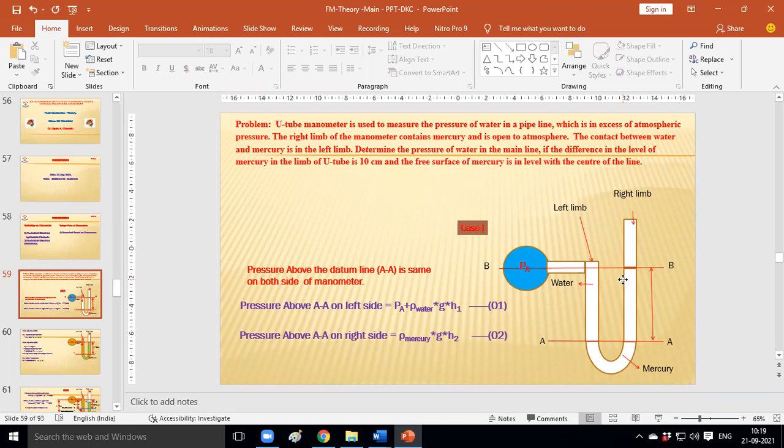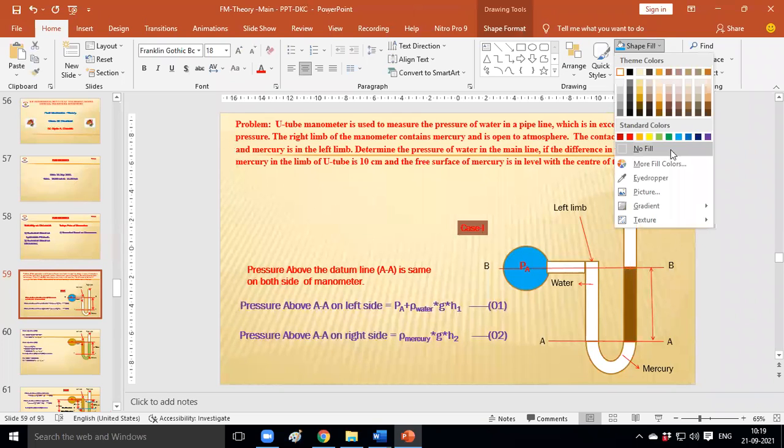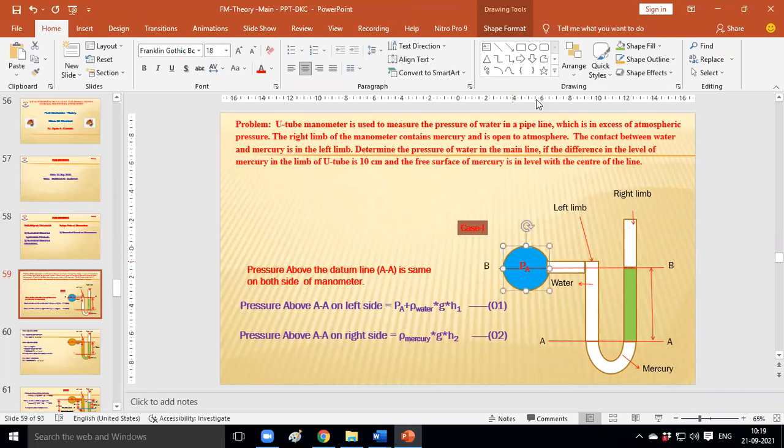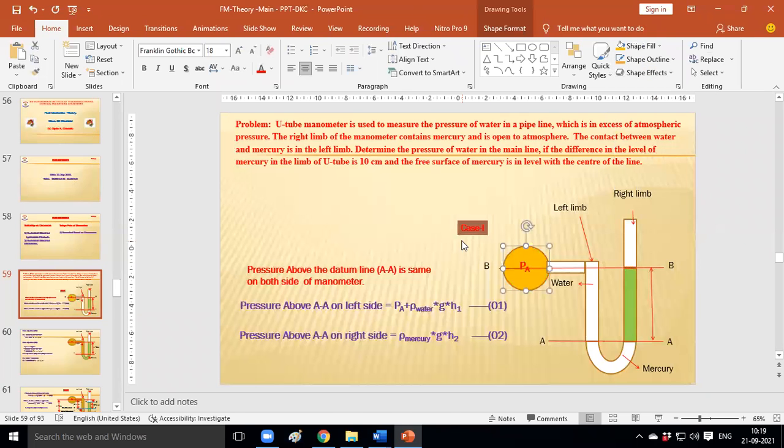I will fill the mercury here with a different color. I will take a green color, and this color is shown as this one. Is it visible? This figure, yes, sir. This left side is the pipeline, there is water.